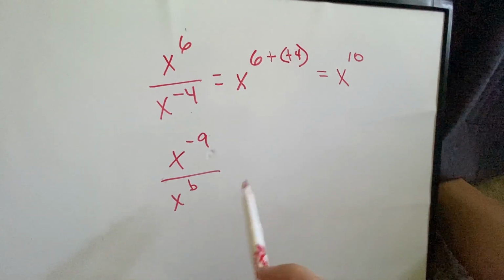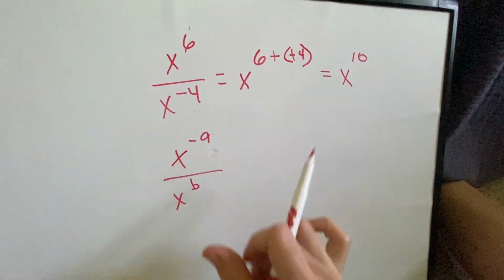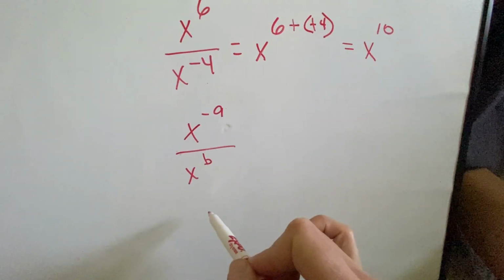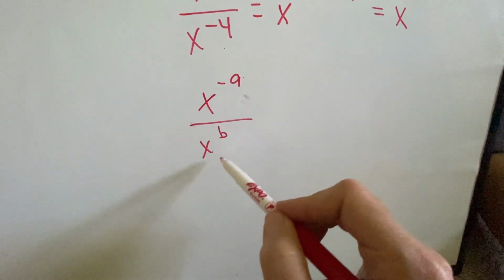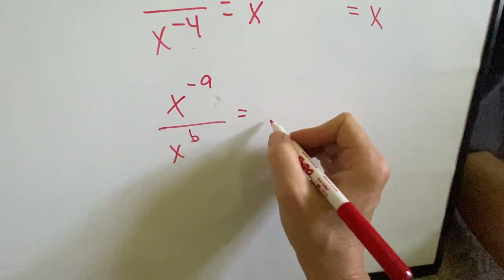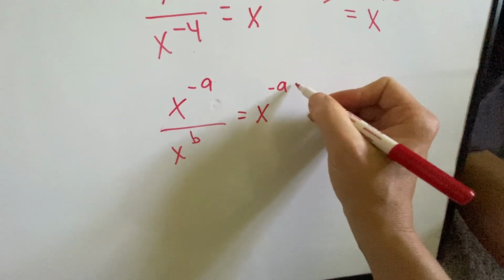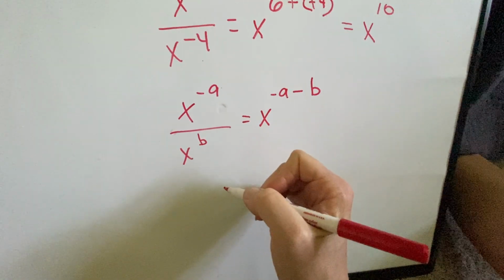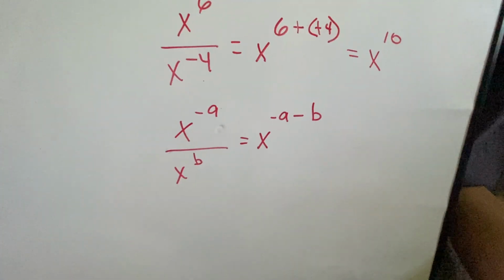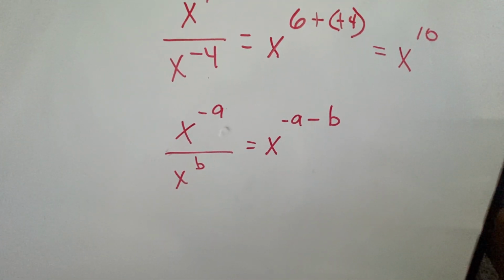Not too shabby, okay? This one down here is x to the negative a over x to the b. Okay, so we are going to write it just like we do anything else. Negative a minus b. You can't simplify that any more than what you've got.